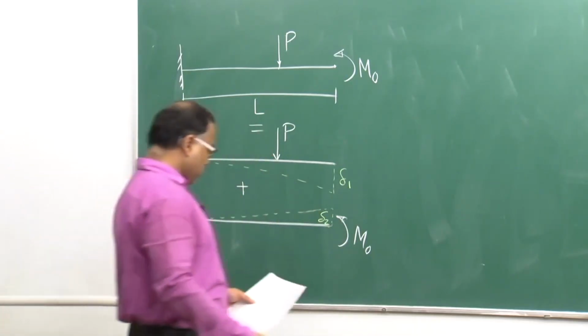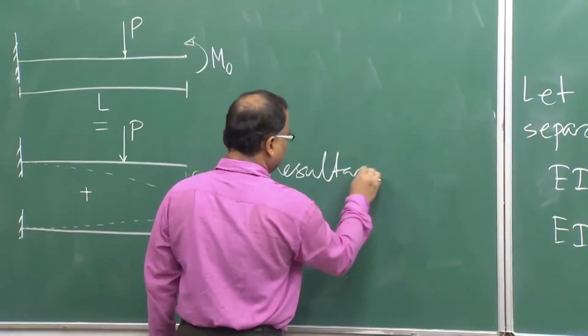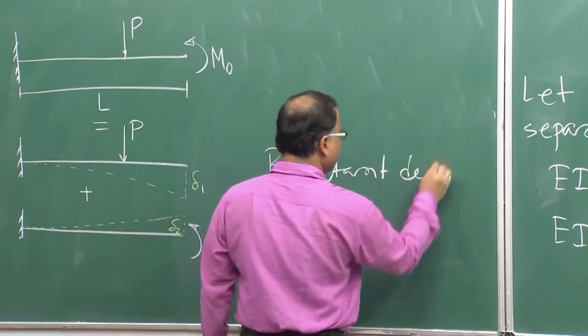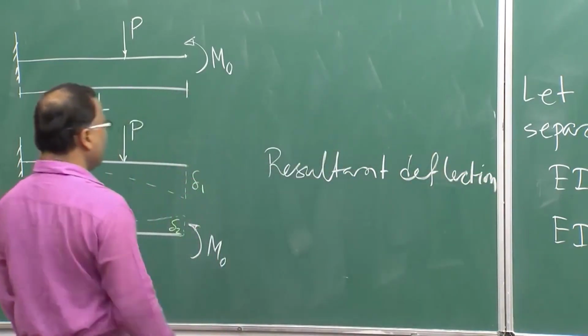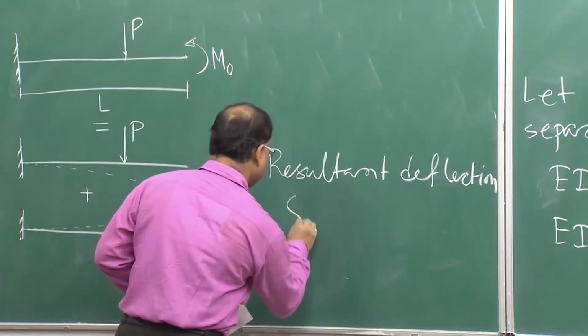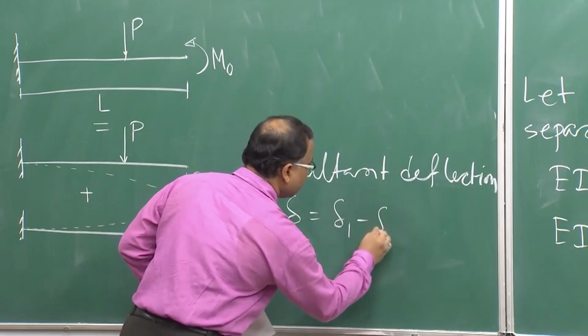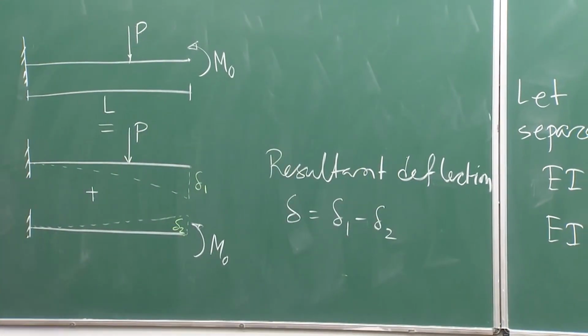So, your actual or resultant deflection under the action of both together is nothing but delta, which is delta 1 minus delta 2. Agreed? Just an algebraic summation.